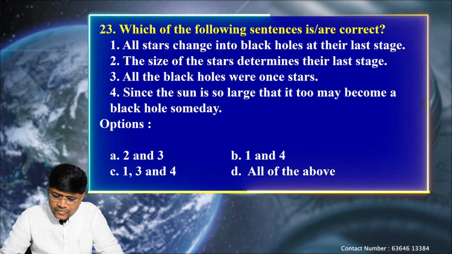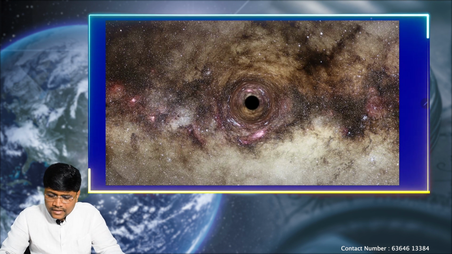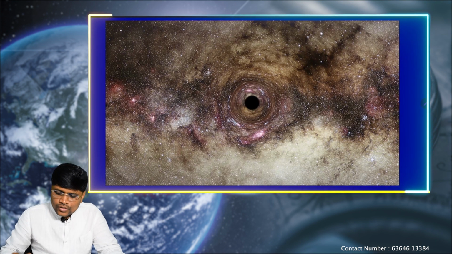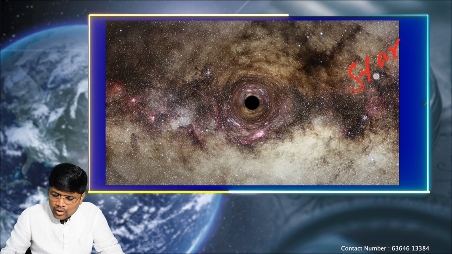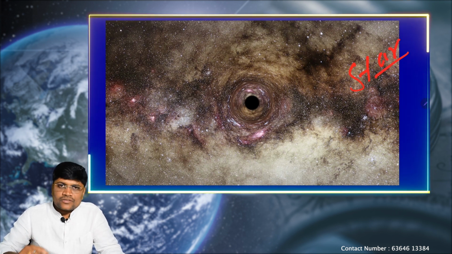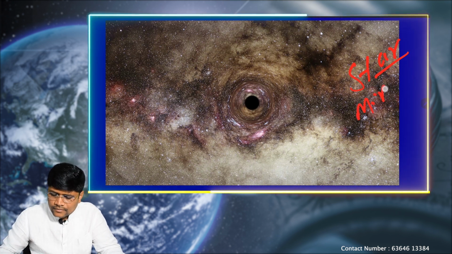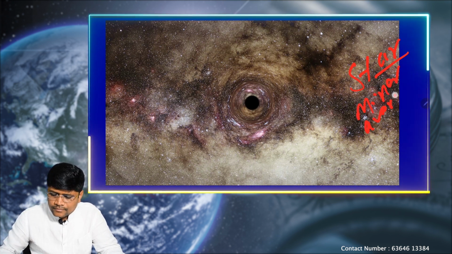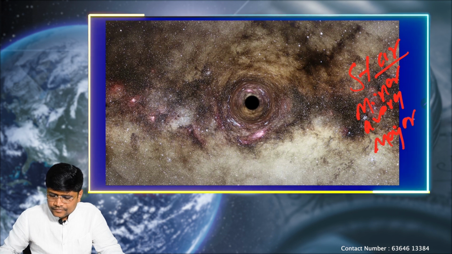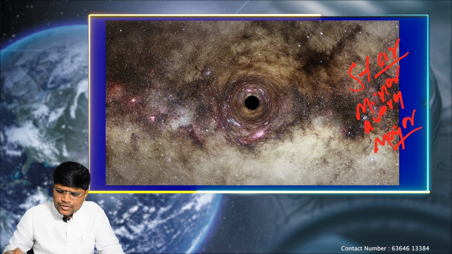Okay, let's see again the stars and their life cycle. We know that stars are self-illuminating objects in the universe. Based on the mass or the size, we classify the stars into minor stars, average stars, and major stars.